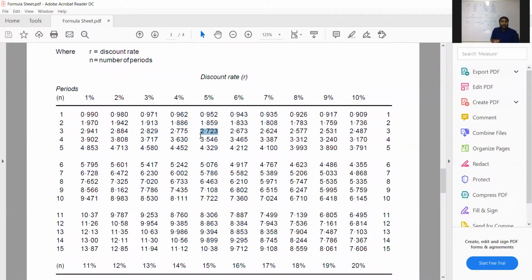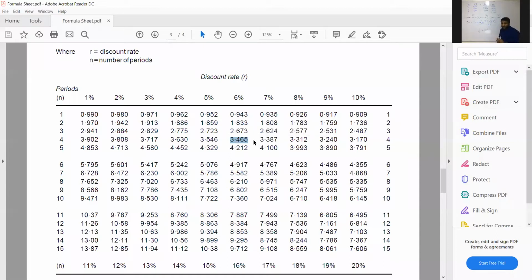Okay, let me give some further idea about this annuity factor, guys. Look at the table. Under 6% you have something called 3.465.